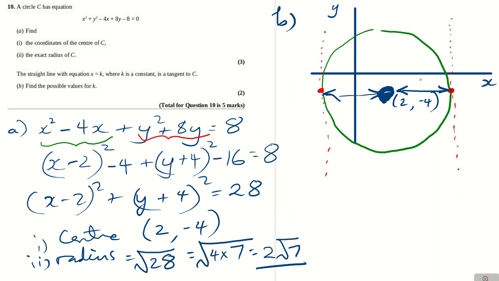So that's going to be r there, that's going to be r there, but we know that r is 2 root 7.